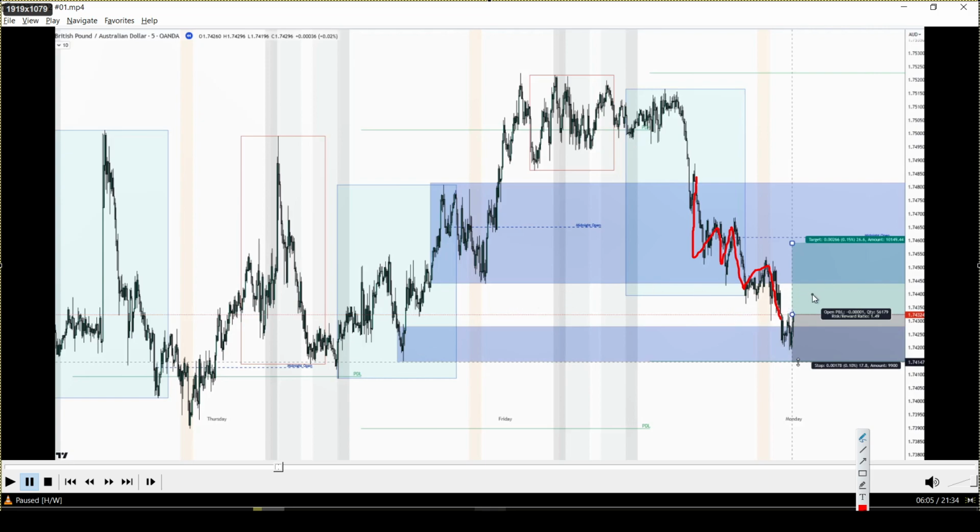But overall, what you know about accumulation and distribution and how the market behaves, we know that it likes to create this accumulation back and forth, and by the way, this is already a part of accumulation, this is like the preparation.